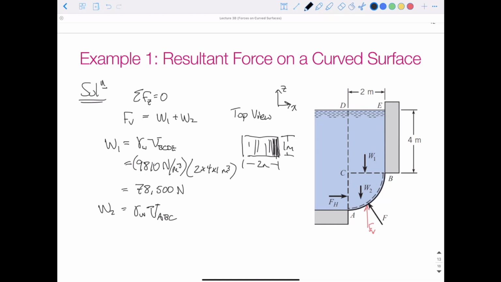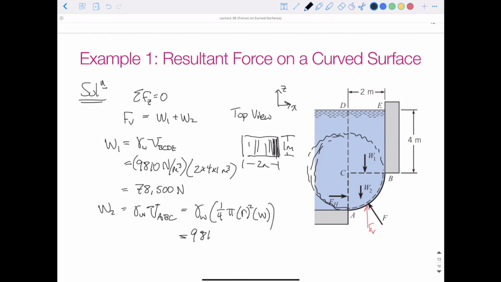If we imagine this whole shape is a cylinder, we're going 1 meter into the page, we're going to find the volume of that cylinder and divide it by 4. The area of a circle is pi r squared times the width into the page. We're going to take 1/4 of that. So it's going to be gamma times 1/4 of pi r squared, our radius is 2 meters squared, times our width into the page.